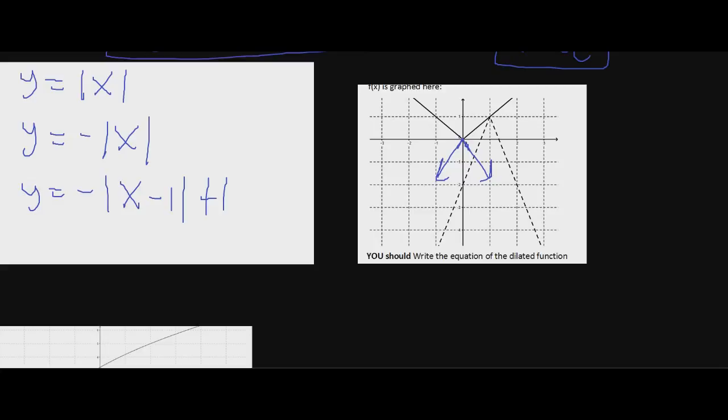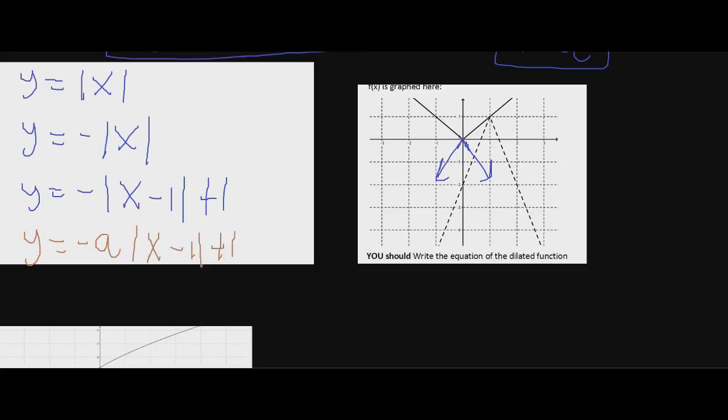I want to find out what made this look skinnier. So I'm going to write y equals negative a, we want to solve for the a value, times the absolute value of x minus 1, plus 1.